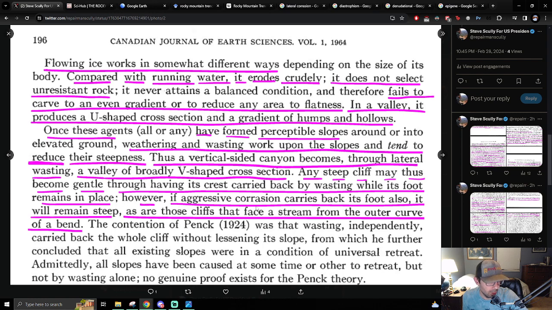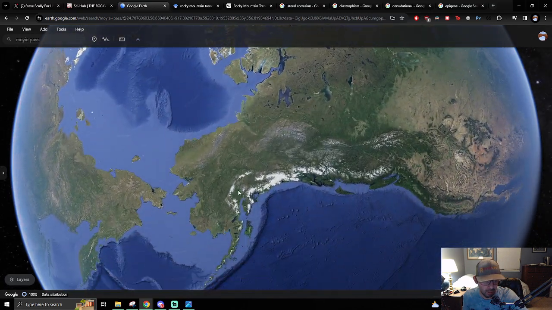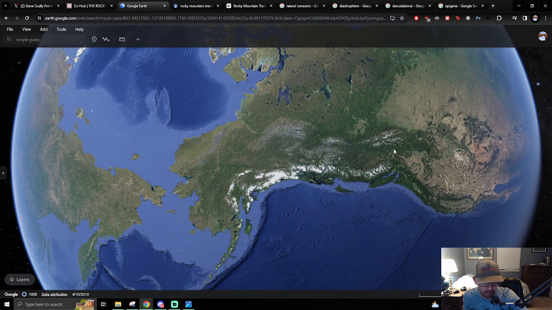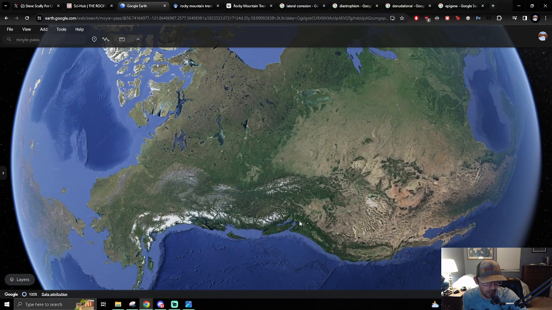However, if aggressive corrosion carries back its foot also, it will remain steep, as are those cliffs that face a stream from the outer curve of a bend. It's bending this way, like a car going around a bend and then picking up speed in the straight path.